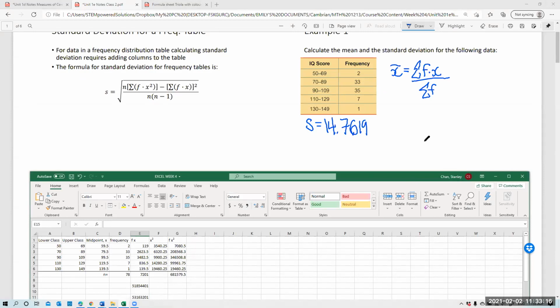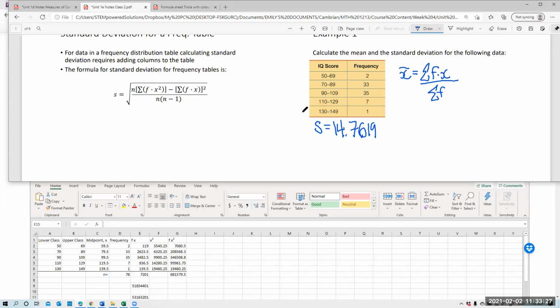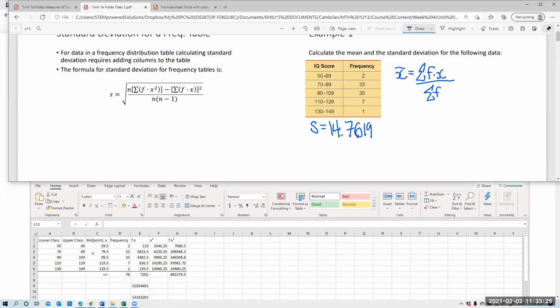All right, so now we're going to calculate the mean of this frequency distribution table. And what we need to know is our midpoints. I actually just calculated them right here in the Excel spreadsheet. So it's the lower class plus the upper class divided by 2. That's how you calculate the midpoint.